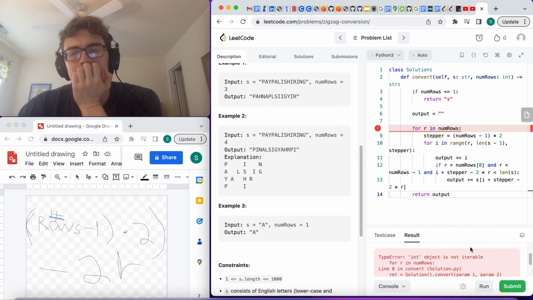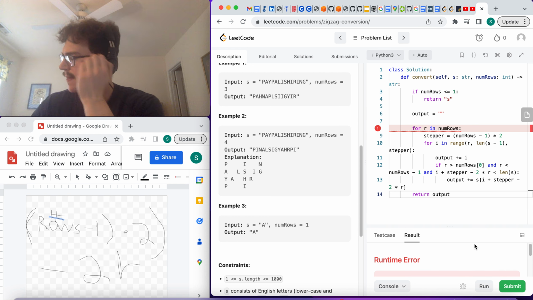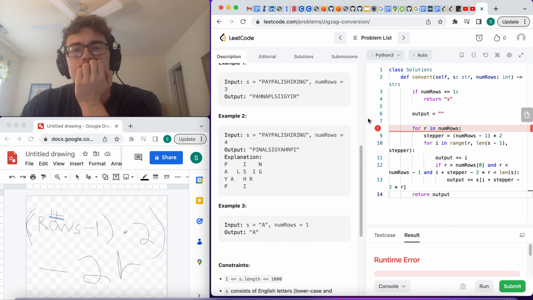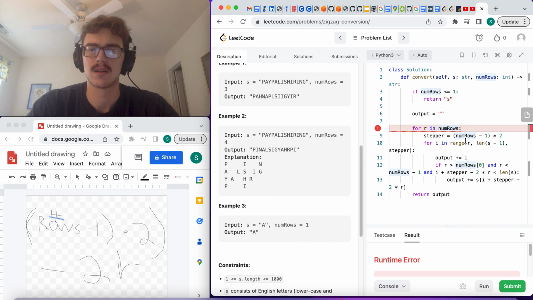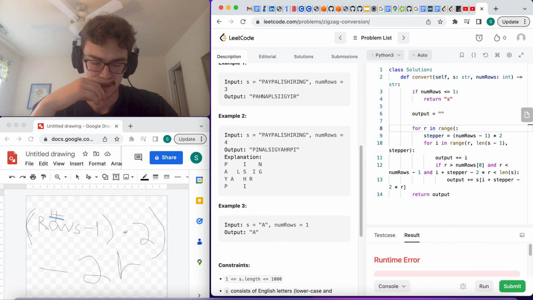Int object is not iterable. You don't say. Really? Alright, well let's, can we do this? Start at 1, stop at num rows.